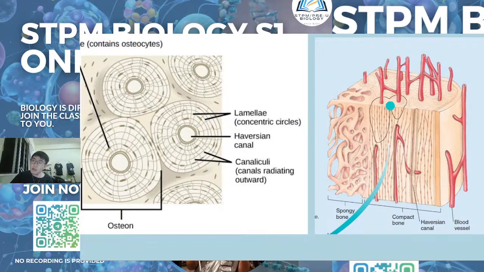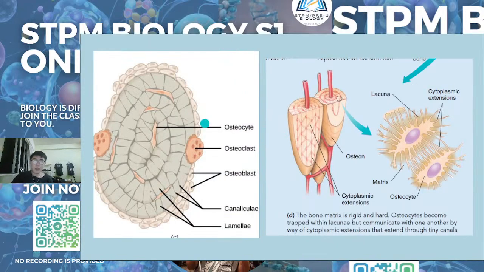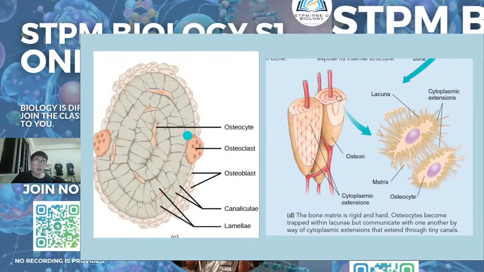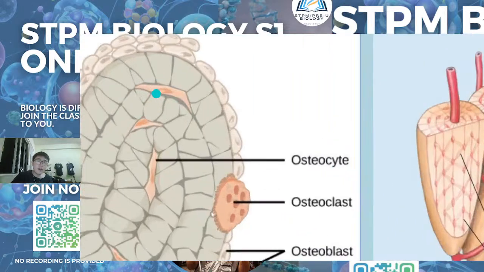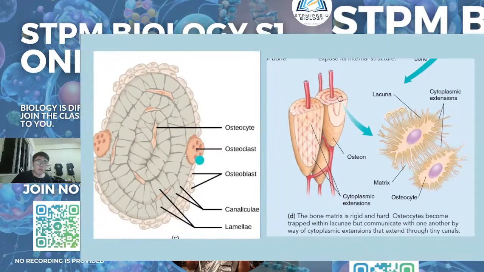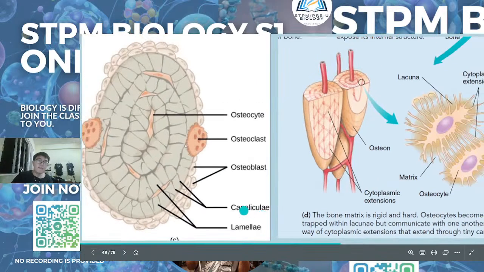So this is just a basic structure lah. Okay, and then if you enlarge the osteal structure, you not only can see the osteocyte, yang ni osteocyte. Yang ni bukan osteocyte, yang ni we call canalicula.